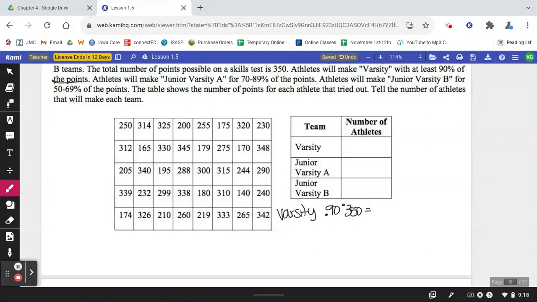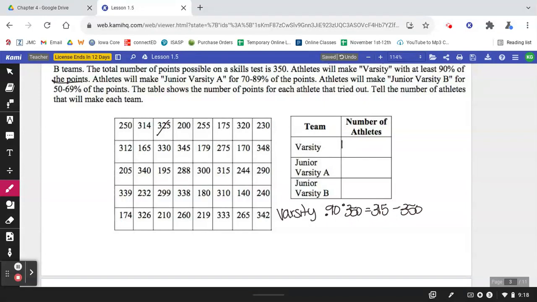So we take 0.90 times 350, which in our calculator is 315. Anyone who had 315 to 350 points will make varsity. So we'll go through and check anyone 315 to 350.